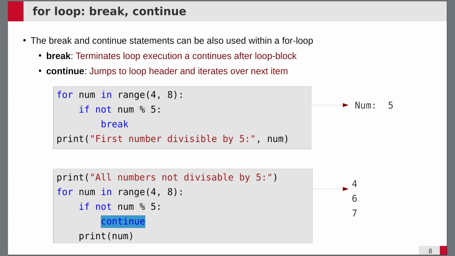So for example, if I have something similar as before, going from 4 to 8, but now I check if the division by 5 is not giving a remainder, because I have a not here, then continue would mean, if I find the number 5, which is the only number in this range with remainder 0 when divided by 5, the statement after that, which is still in the for block but after this continue, won't be executed.